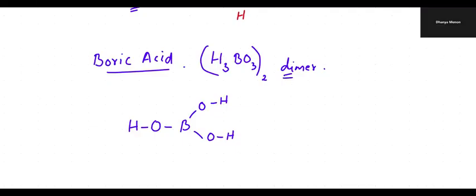They exist as di, meaning two. So two boric acid existing together. So I draw another boric acid, OH, H, and OH.